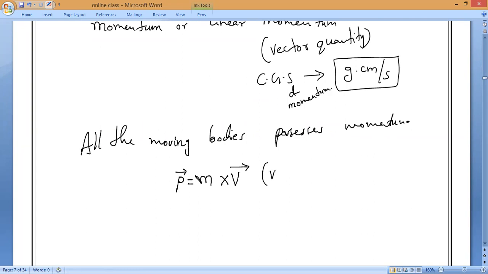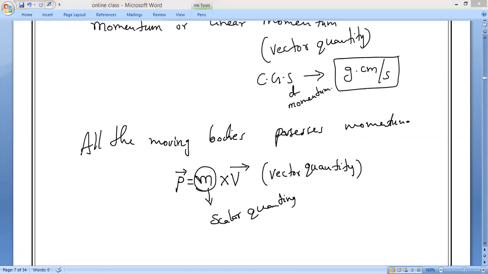Understand? Velocity is a vector quantity, but mass is what quantity? No direction. It is a scalar quantity. But if we multiply a scalar quantity into a vector quantity, finally what will we get? We'll get a vector quantity only.